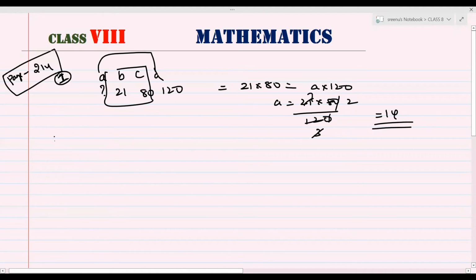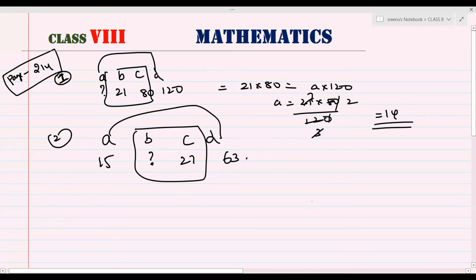Okay. Second question. Again A, B, C, D. You take proportionality: first, third, and fourth terms. First term 15, B is missing, third term 27, fourth term 63. Please tell me the answer. Same as before: these two you multiply and these two you multiply.